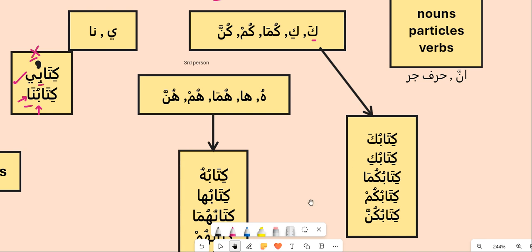So here you can see the dhamma over the ba. So the noun is in marfu case. In case the noun is in mansub, fatha, so instead of dhamma you will give a fatha, and that will be kitabaka. And if it's in majroor case, it will be kitabika.